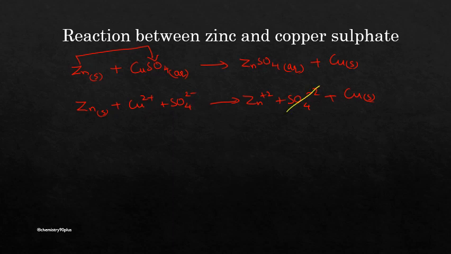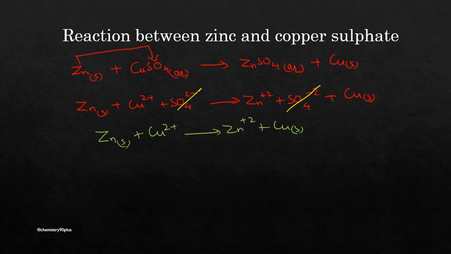Yes, I can see SO4 2 minus, SO4 2 minus, it doesn't matter 2 minus or minus 2, either way. So both are cancelled out, right? So we will write the net ionic now.